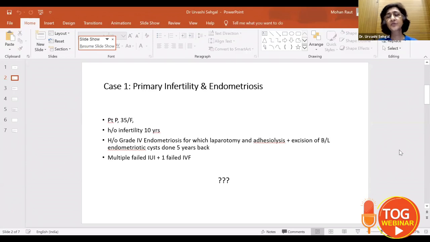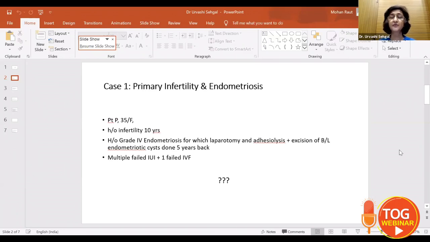In the course of her investigation, she was found to have very severe endometriosis, and then she underwent a laparotomy like it's shown in the slide. After that, she underwent multiple IUIs which failed.